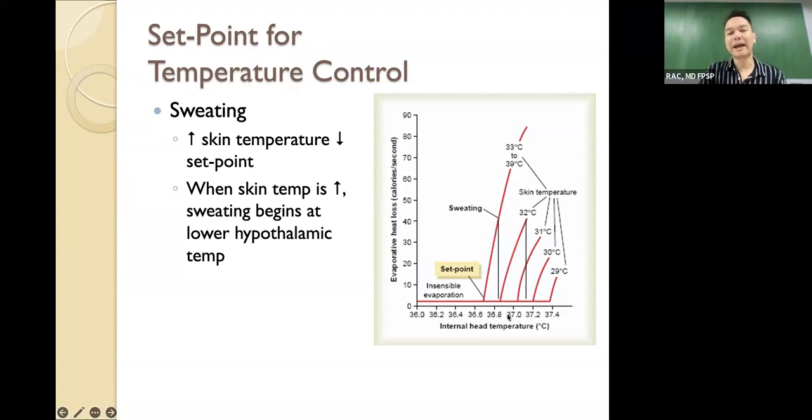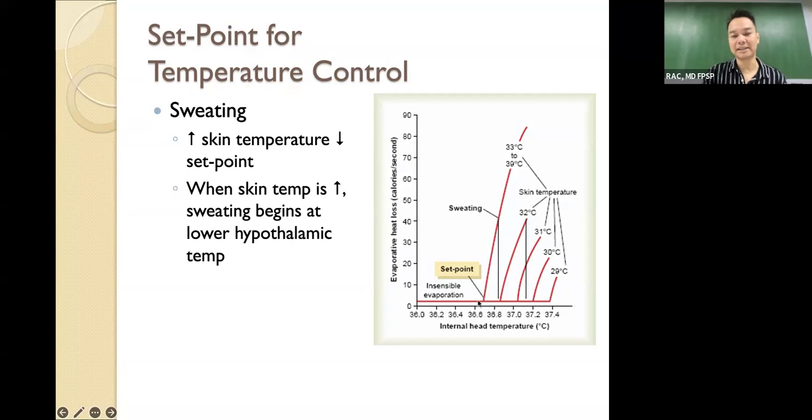Let's look at the diagram here. Take note of three things. One, your skin temperature here. Second, this is the threshold for sweating. I've marked this with a black line. And the intersection between this sweat curve and your insensible evaporation.